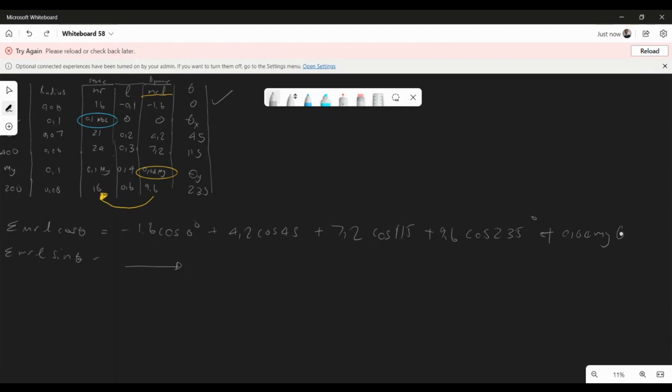Theta y, cos theta. This is what I was referring to. You guys all agree with this? The 1.6, that's 0, there's nothing there. 4.5, that, that, and that. Are you happy with the MRL cos?